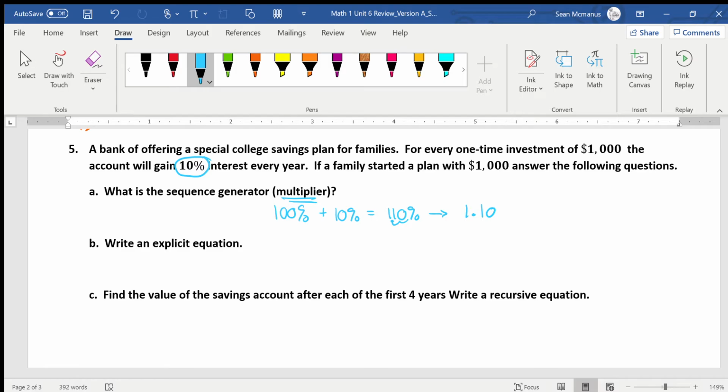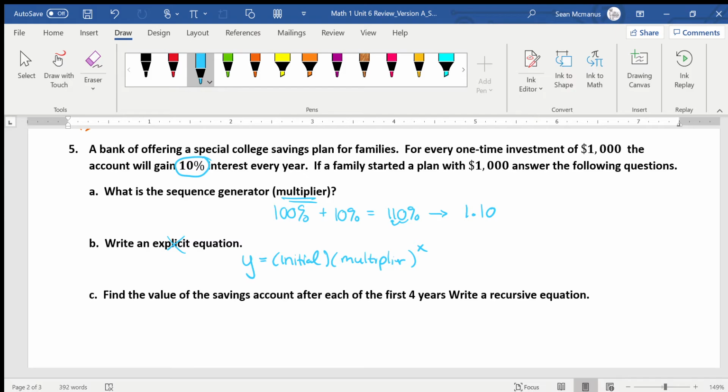Write an explicit equation. I don't necessarily want us to be writing the explicit equation of a sequence. I want to think of this more like we practiced in class. We said y equals the initial amount times the multiplier to the x power.